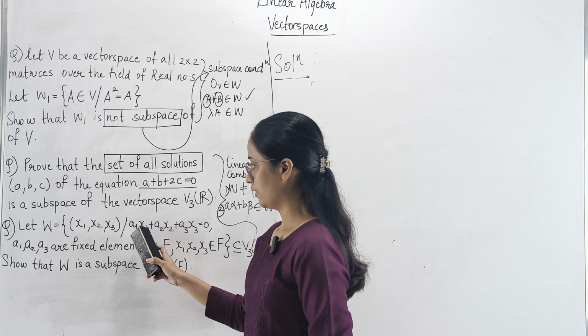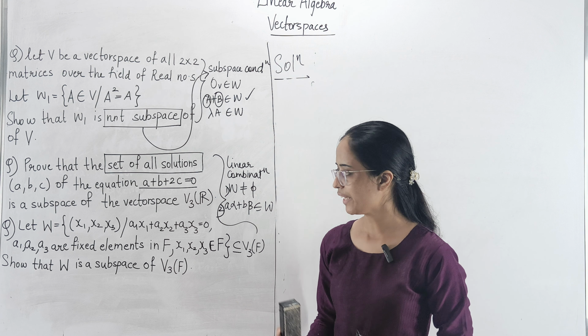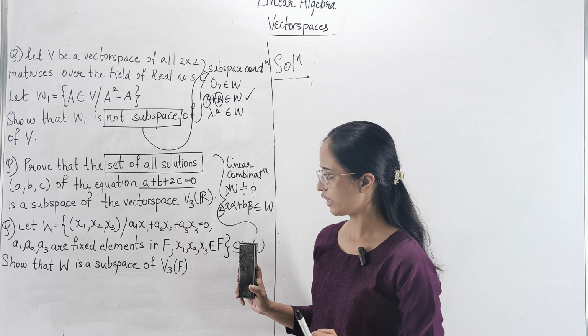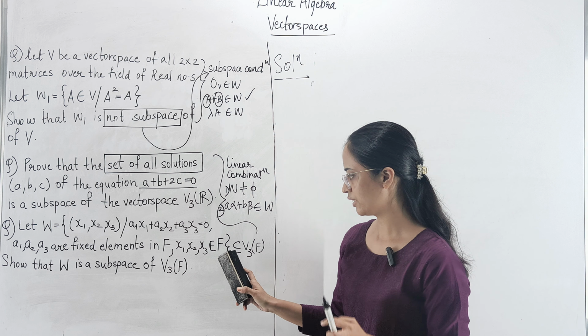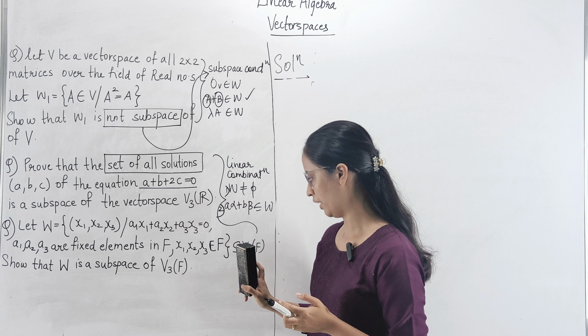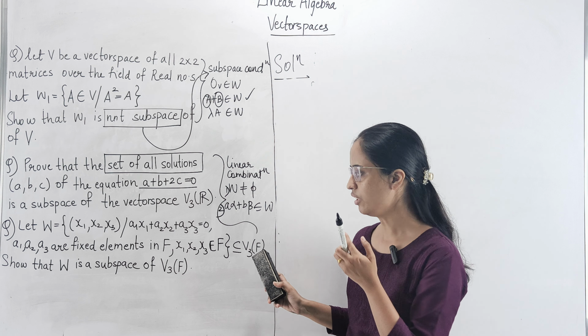Your AIs, that is A1, A2, A3, they are fixed. मतलब आप कोई भी x1, x2, x3 ले लो, your AIs would be fixed elements of the field, and x1, x2, x3 belong to again the field. And this is nothing but a subset of your vector space.